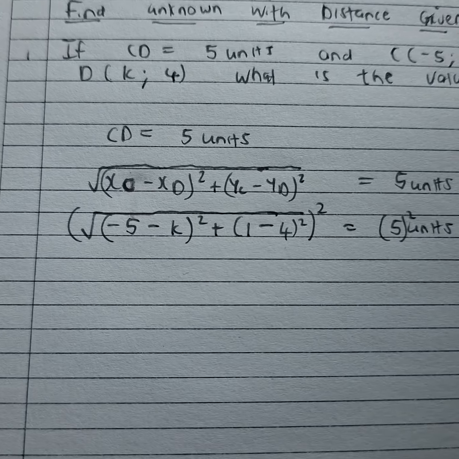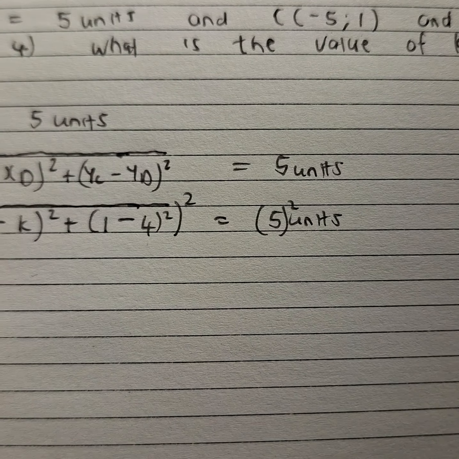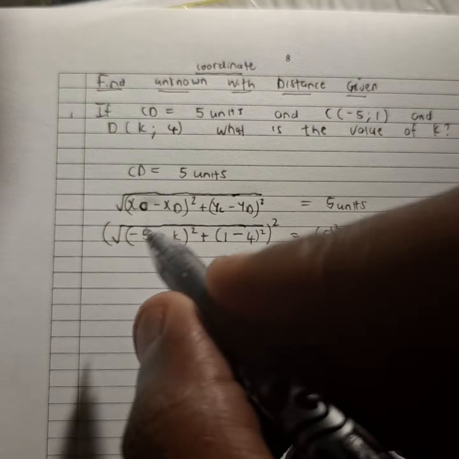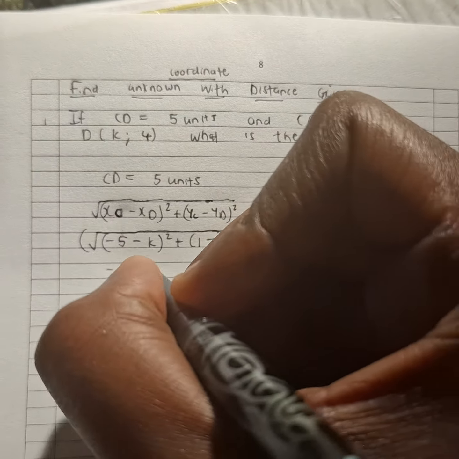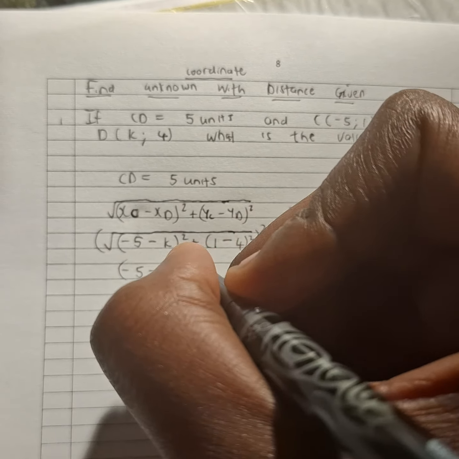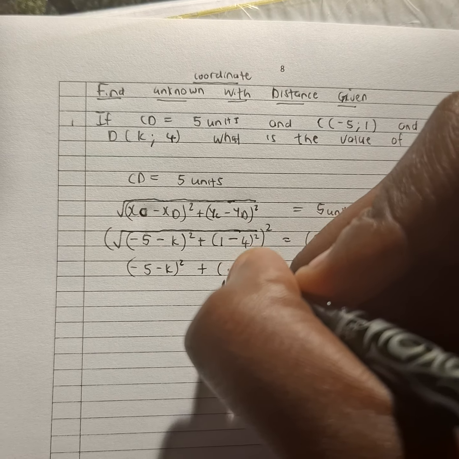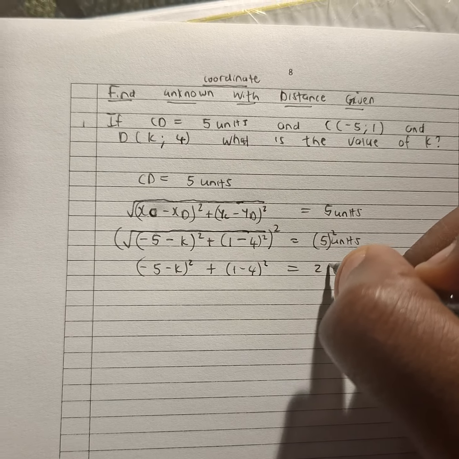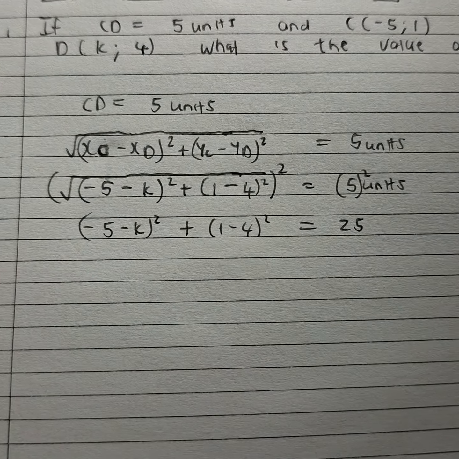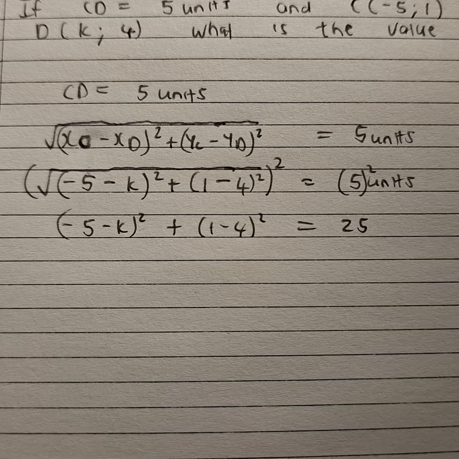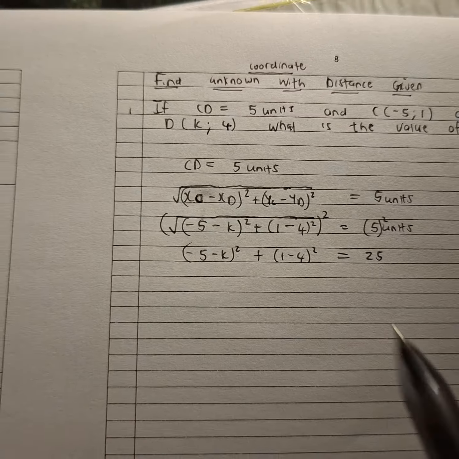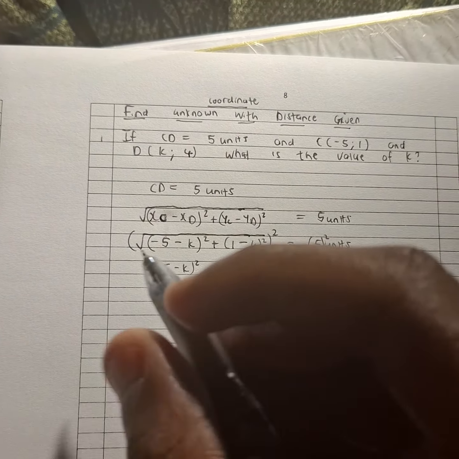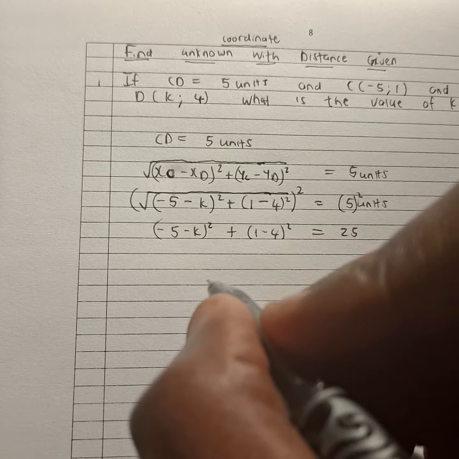For an equation, whatever we do on the left, we must do on the right. So by squaring this, the square root is removed, and that allows us to work. When we square 5, we get 25. Now we can go ahead and solve for k specifically.